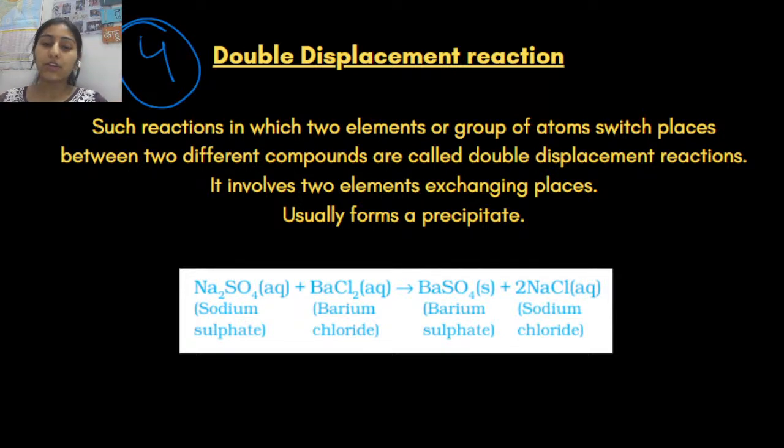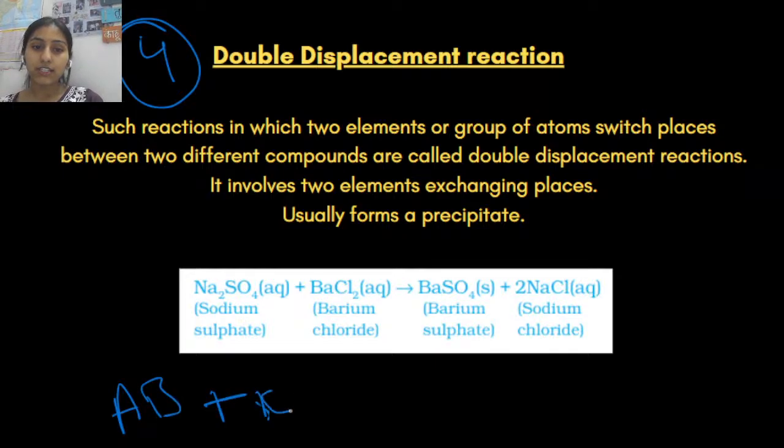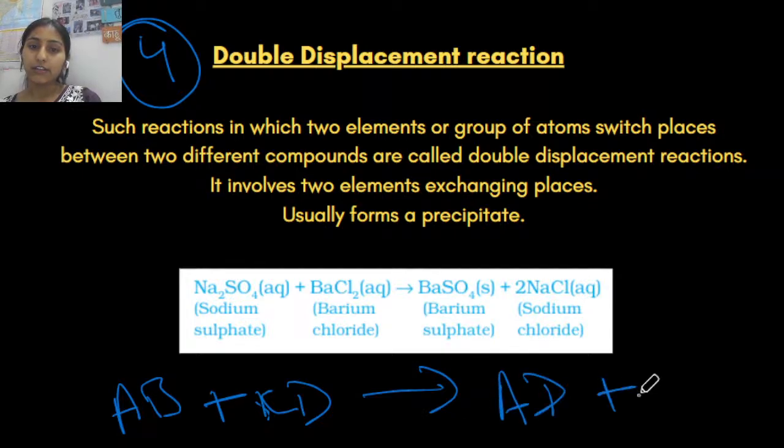In the previous one we know there was A plus BC resulting in AC plus B. This is the type of reaction in which there is AB plus CD resulting in the formation of AD and BC. So this type of reaction would be regarded as double displacement reaction.